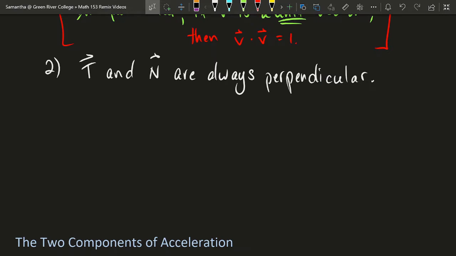In particular, if you go back to those previous examples, and if you look at the geometric relationship between t and n, the tangent vector is just a scalar multiple of the velocity vector. So the tangent vector points in the direction that the object is moving.